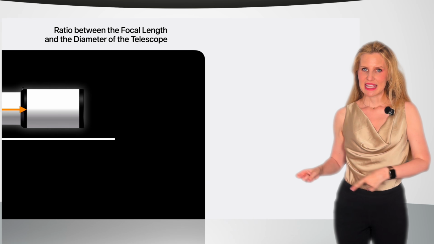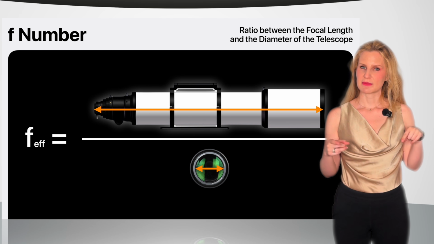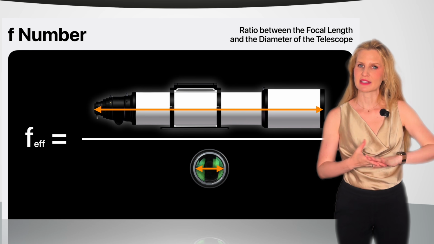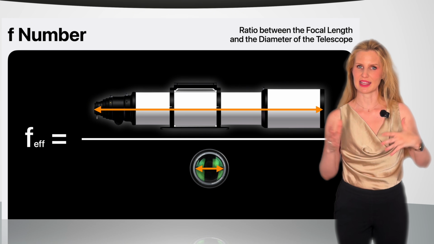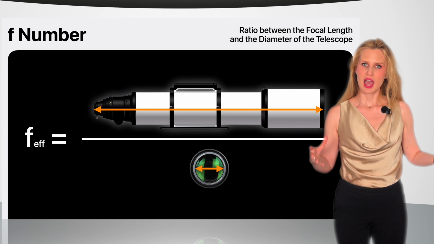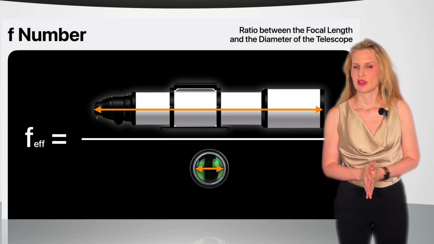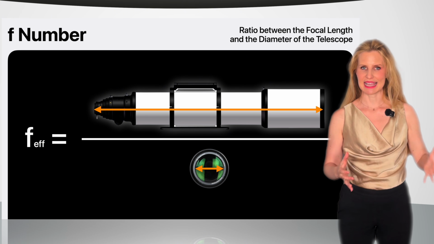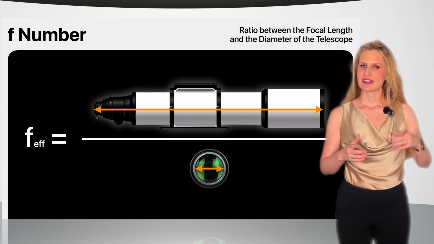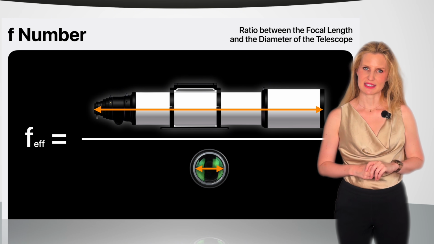And last time we introduced the concept of the f-number, which, as a reminder, is simply the ratio between a telescope's focal length and its aperture diameter. It's a useful metric for many things, but when it comes to evaluating a light gathering capability, there is one more factor we need to consider.